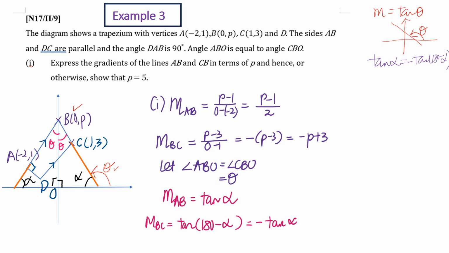So therefore, your tangent bracket 180 minus alpha is just basically minus tangent alpha. Right. So from there, we can conclude that the gradient of AB is actually the negative of the gradient of BC.